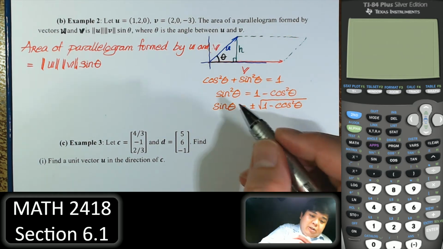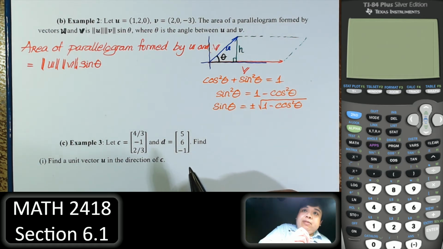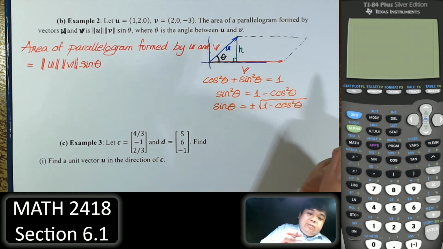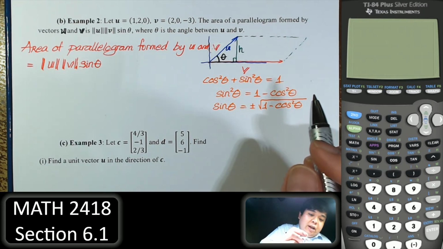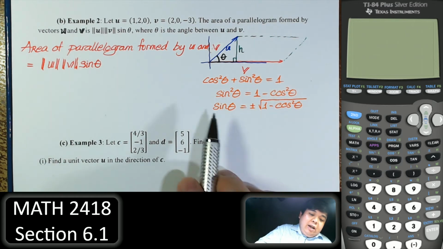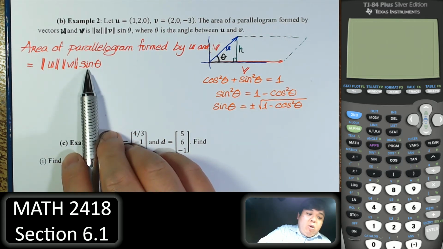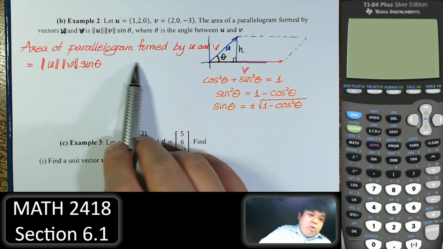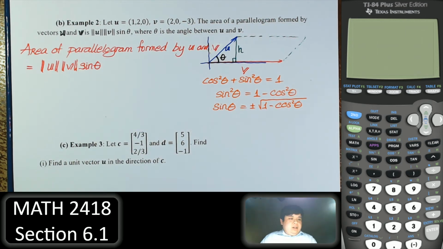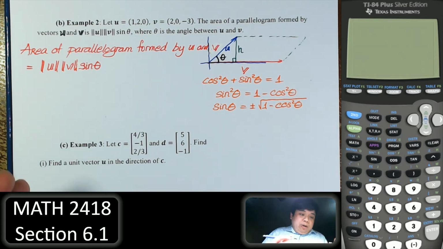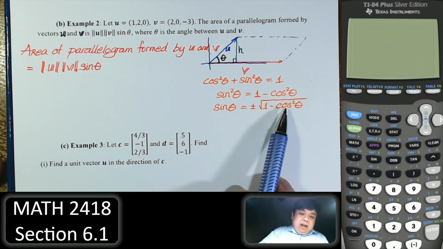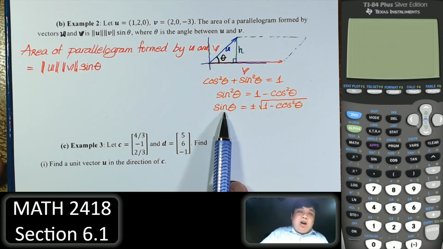And the nice thing about this is, since it's an area, we're just going to worry about the positive case. So we just have the square root of that. And so pretty much we can find the angle between two vectors, go to sine, and then from sine go back.